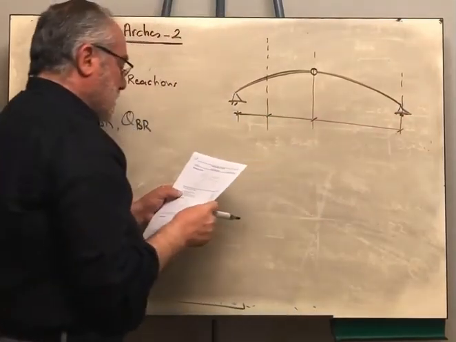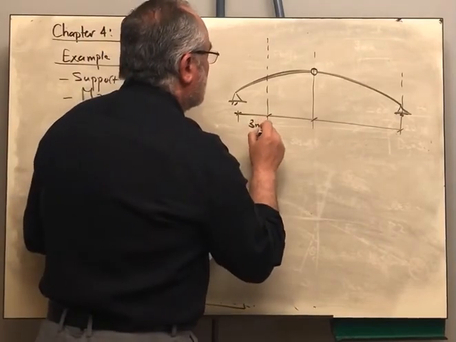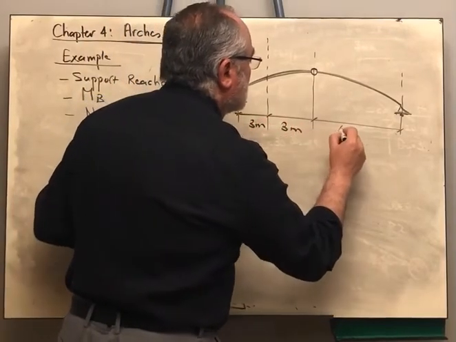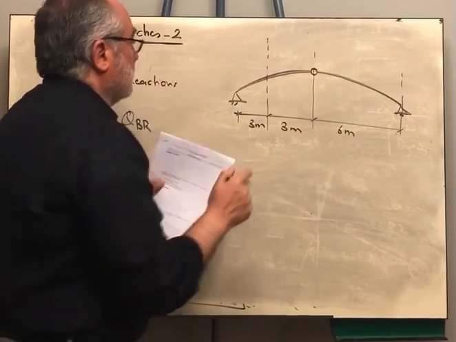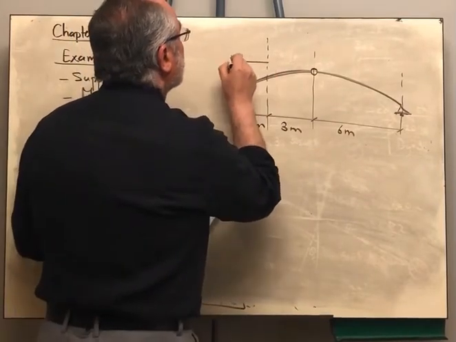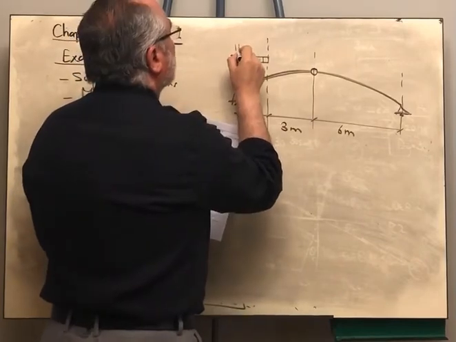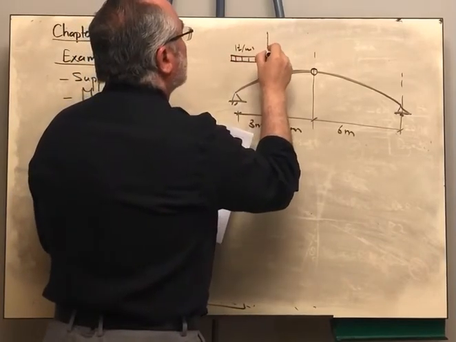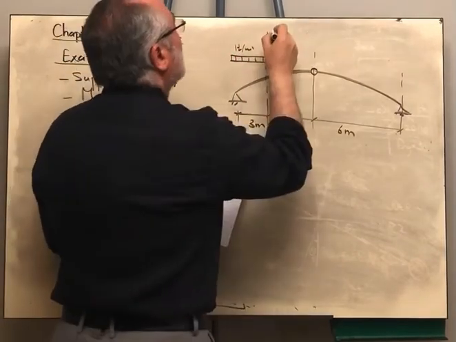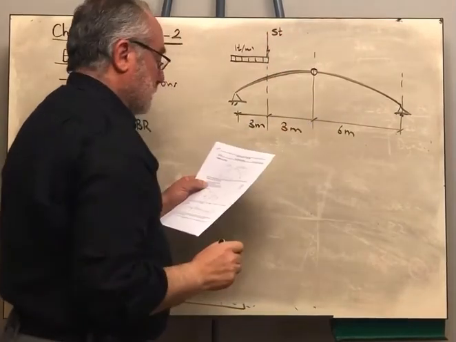And he gave us these distances, 3 meters like that. Here we are having a distributed load of 1 ton per meter and a concentrated load of 5 tons.